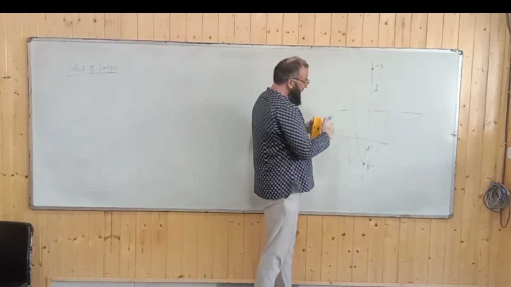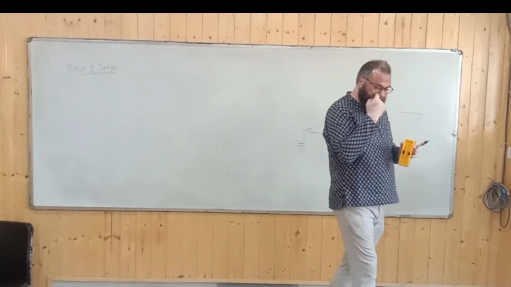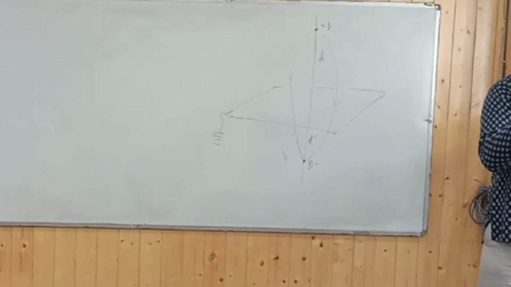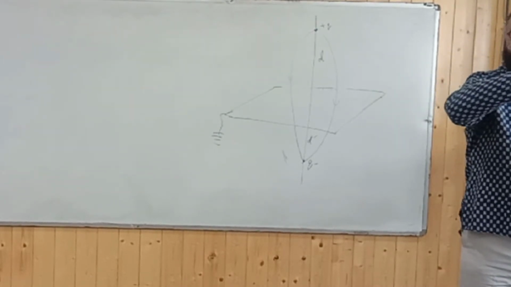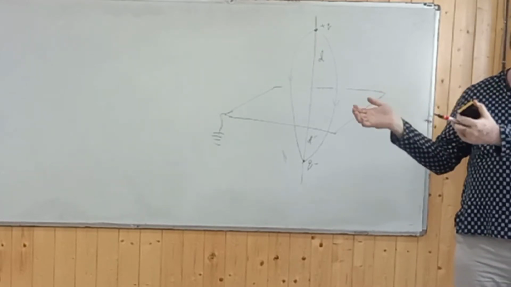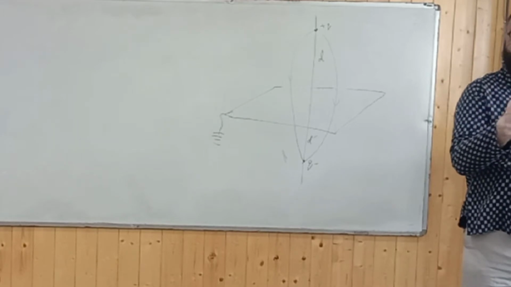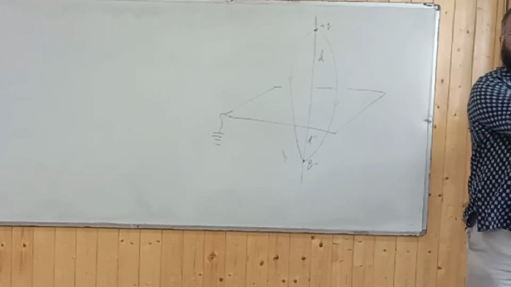Clear? So I have extended my surface. Think of it this way, as an analogy: you are in front of a mirror. You can think of the mirror as the sheet of this infinite conductor, a plane conductor. What happens when you sit in front of a mirror? You create a mirror image, is it?